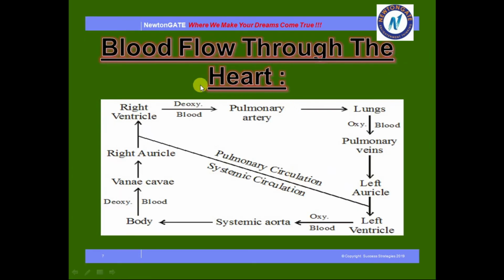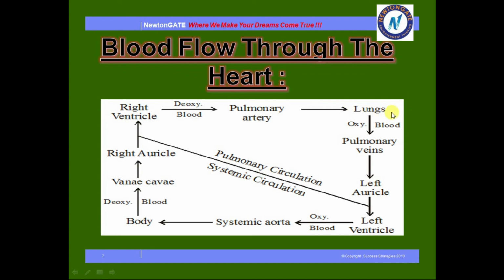Now comes the blood flow through the heart or the circulation system of the blood in the heart. So, from the body, deoxygenated blood is transferred to the right auricle through the vena cava. Okay? From the right auricle, the blood is transported to the right ventricle and from the right ventricle, it is transported to the lungs with the help of the pulmonary artery.